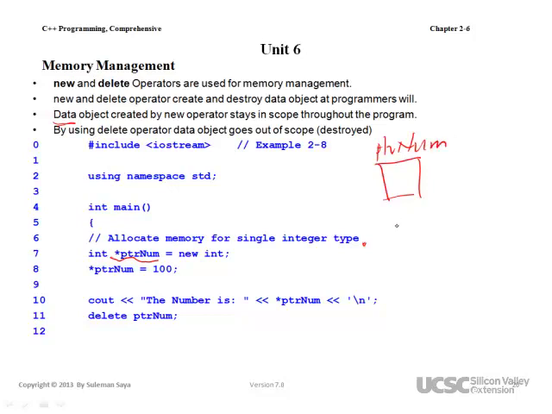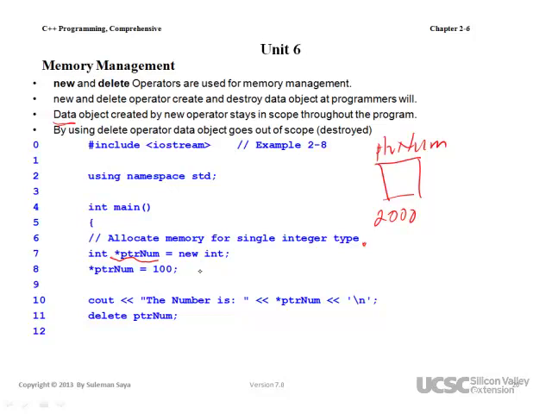It probably will be created at some memory location. We call it 2000. And its type is integer. What does that mean? That means the data object that you create must match this pointer type.